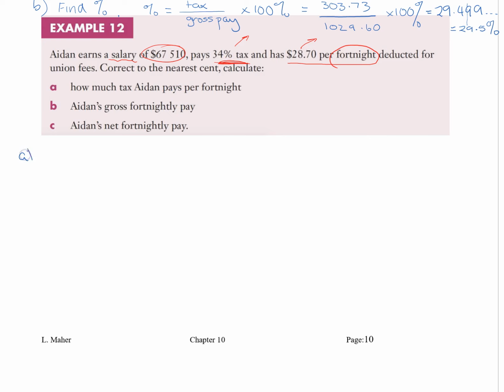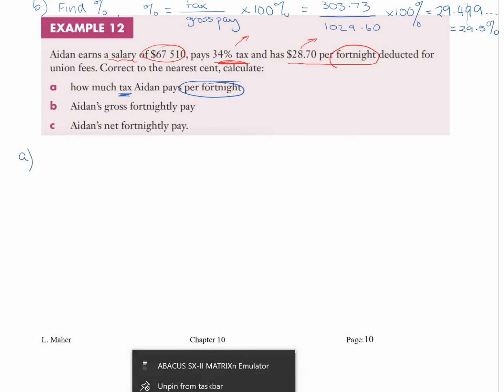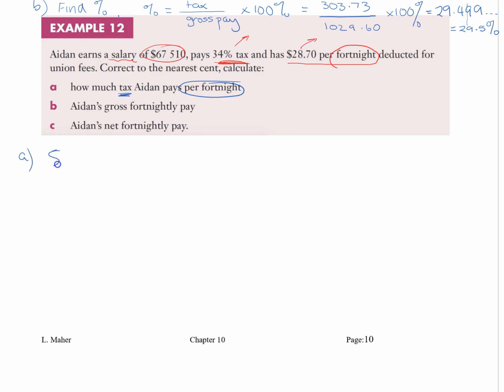Okay, so we want tax per fortnight. So what do we know? We know the salary is 67510. We know tax equals 34%. So if we were working out yearly tax, it'd be 34% of this amount.